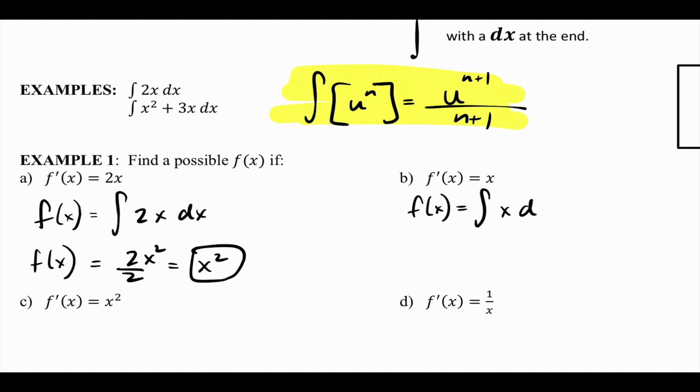Letter B. I've got to find the antiderivative of x. Well, I add 1 to the power and divide by that new power. So you can write it like that. Most of the time, they'll have it written like this, 1/2 x squared. Instead of divided by 2, they just have 1/2. It's the same thing.